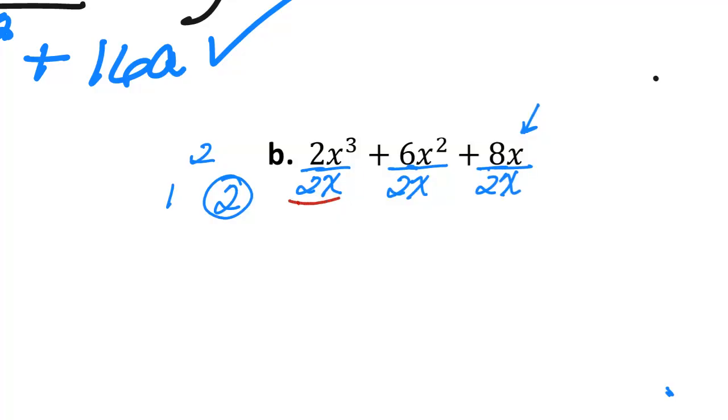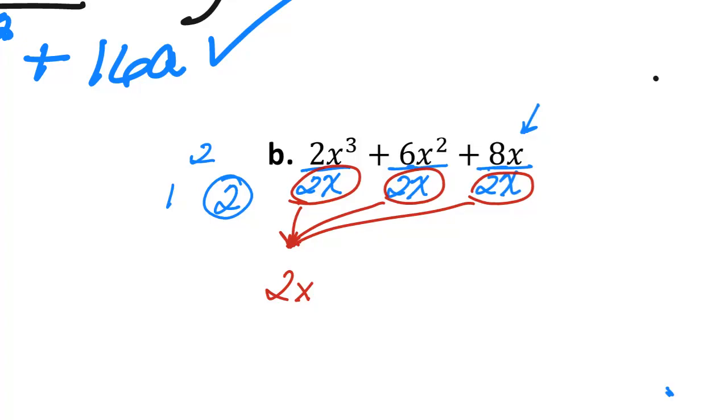So again, this by itself is called your, what do we call this? Your GCF, your greatest common factor, which also becomes your first factor when you are factoring. That's a lot of factor words there.